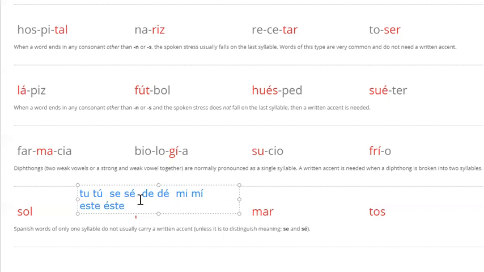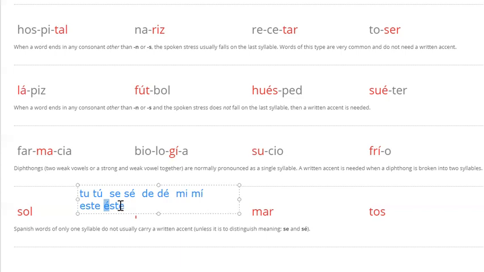So right here, these both exist, these words. This one right here is actually the demonstrative adjective, and this is the demonstrative pronoun. So again, now if you look at this, this is the stressed syllable. It ends in a vowel, este.